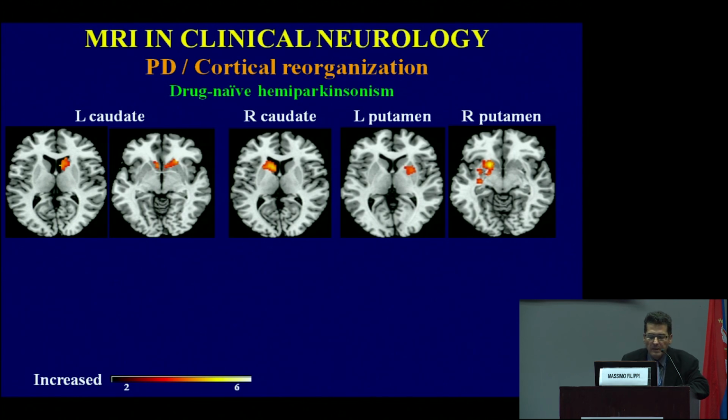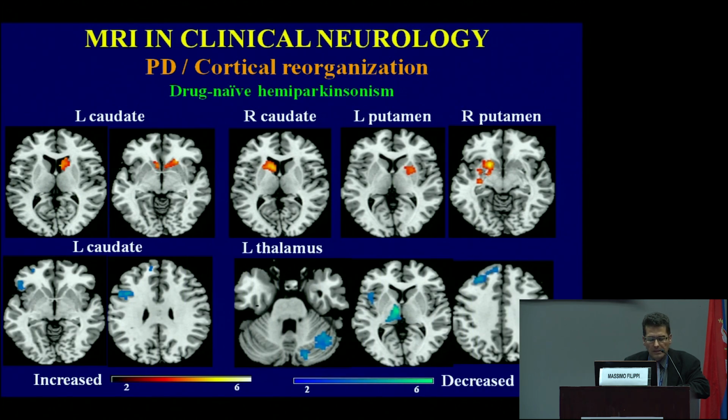But the point I wanted to make is that in drug-naive hemiparkinsonism, you have an increased connectivity among the basal ganglia nuclei and a reduced connectivity from the deep gray matter to the cortex. So there is reduced connectivity in the network where the disease is focused, which reduces the outflow to the cortex.